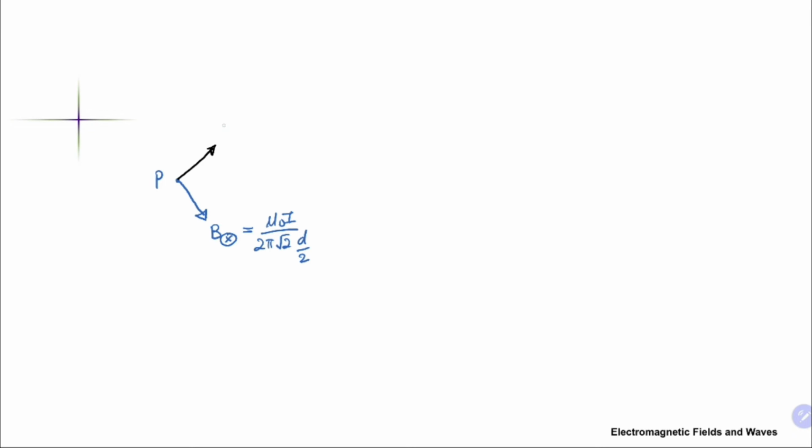Due to the top wire, we have B the same, mu naught I over 2 pi root 2 d over 2. If we sum these two vectorially, we know that B will be this. So this is 45 degrees, and this is also 45 degrees.